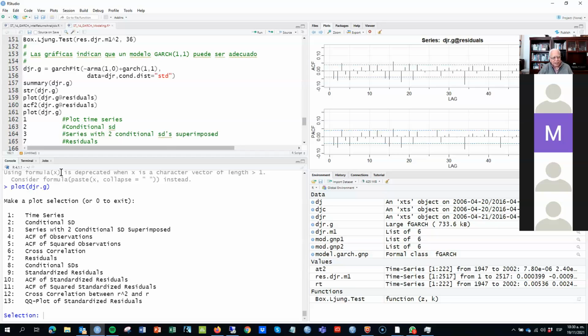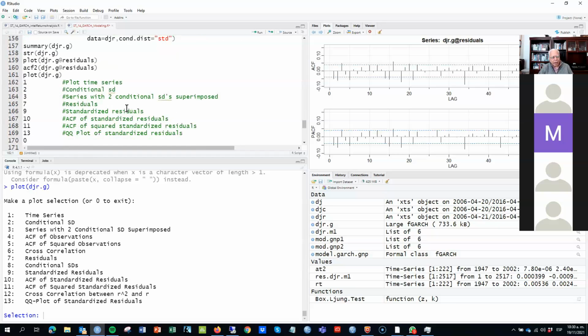What I have listed here are what I consider the most useful plots. This first one is just the plot of the series. We already saw that, but I'll do it again. I'll do it one by one now, but you can do all of them right away with this command. So I'll keep answering here.